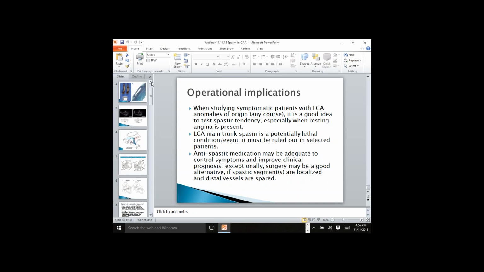Yeah, you're right. It would be fascinating to know what percentage of patients with anomalous coronaries have spasm. We will find out for sure in patients with symptoms. With the patients without symptoms, I don't expect it, but it could be. That is an active mechanism.